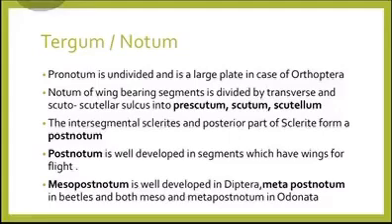Then coming to the wing bearing segments, that is the mesothorax and metathorax, there are two types of sulci, that is transverse sulci and scutoscutellar sulci. These divide the notum into three areas: anterior prescutum, middle scutum, and the posterior scutellum.